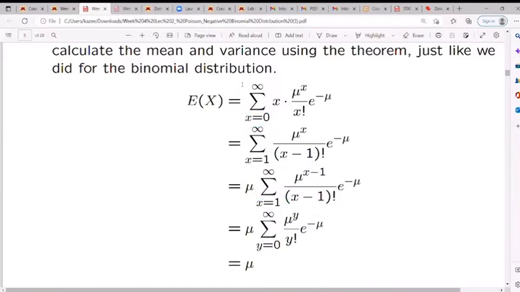and the only condition for us to go back to starting from 0 is, of course, y equal to x minus 1. By the time you plug in y, you're going to start from 0. And take a look at this now. We use the idea of the Maclaurin series, and that is going to be the exponential raised to power mu.